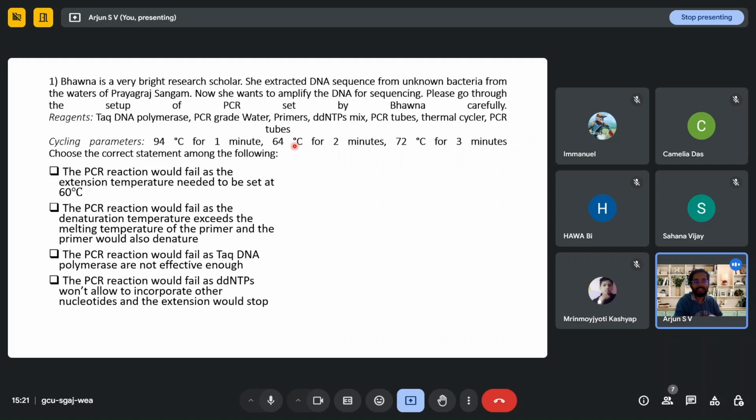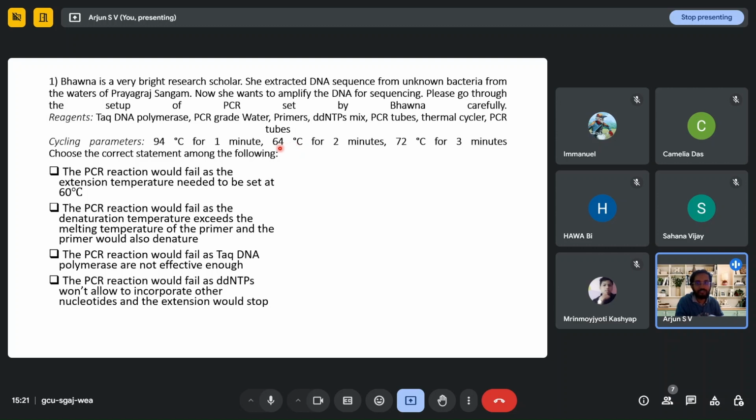The annealing temperature, you know from the week's lectures, depends on the melting curve. We do a melting curve analysis and find the melting temperature, which also depends on the GC content, the guanine and cytosine content of the primer, and the melting temperature can be okay if it is 1 or 2 degrees above or below the ideal melting temperature.